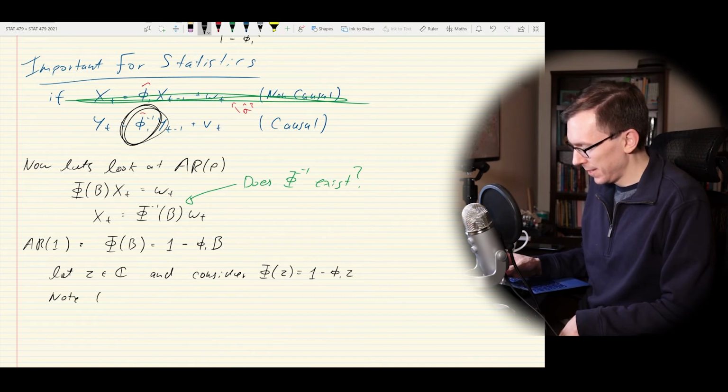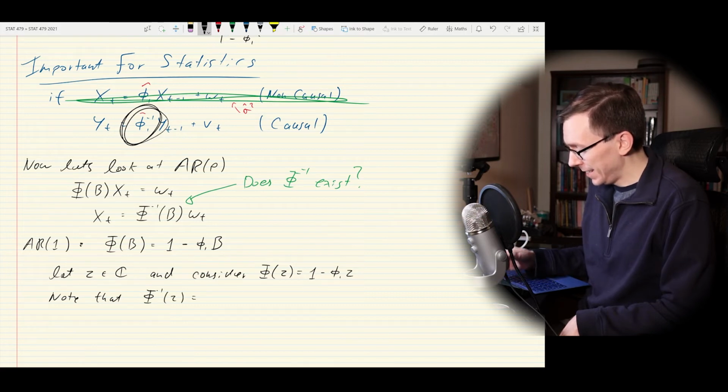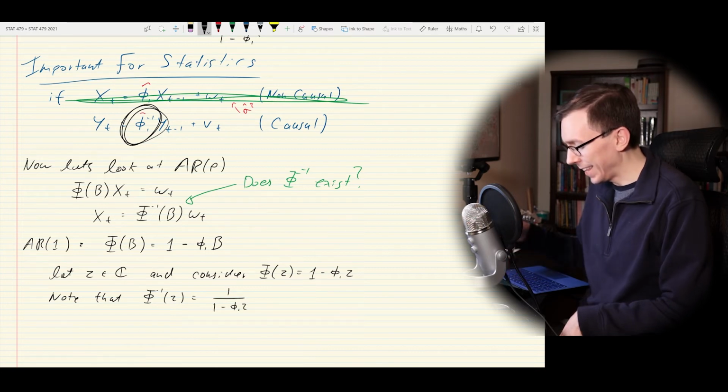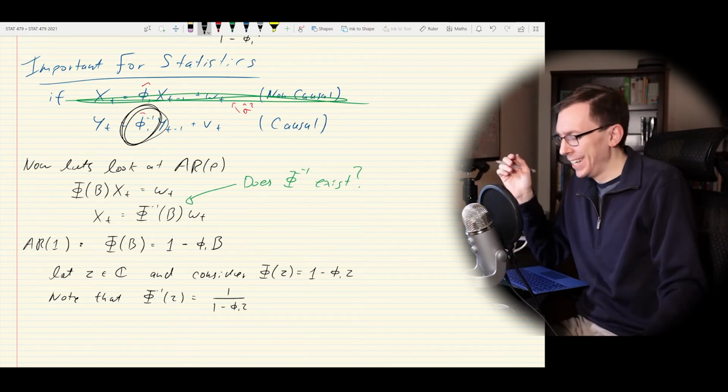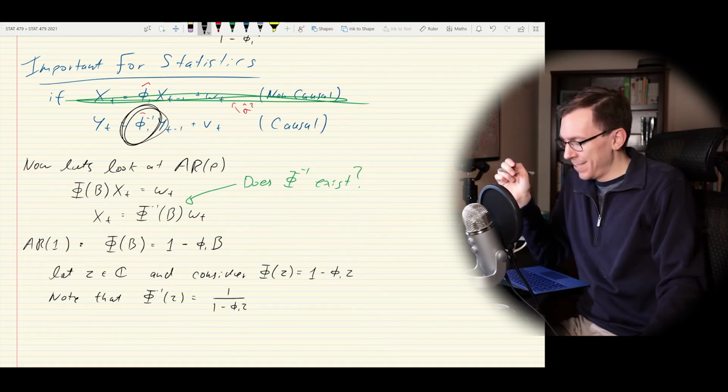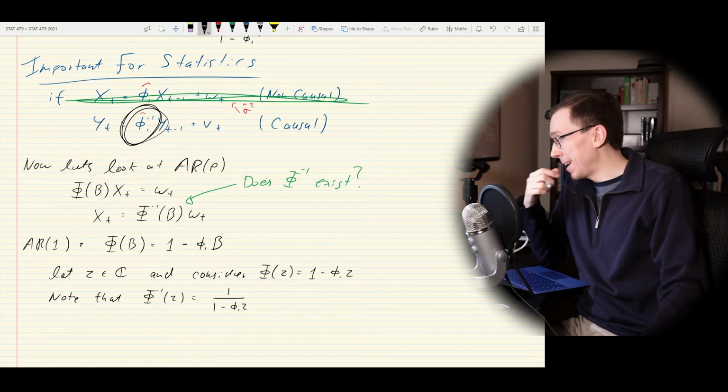Okay, so note that phi inverse of z can be written as 1 over 1 minus phi 1 z. Okay, that's just taking the reciprocal. And then the question is, does that make sense? Can we divide by that?